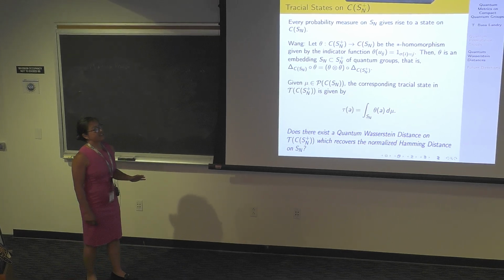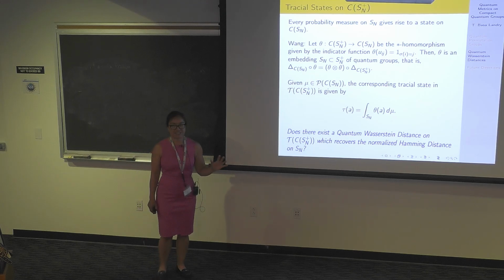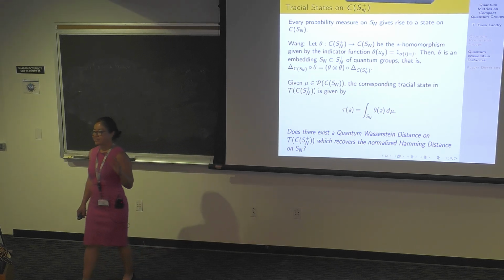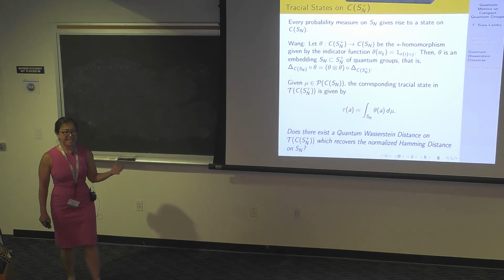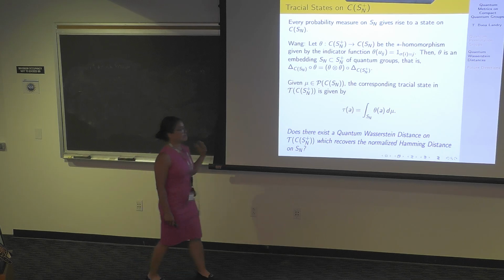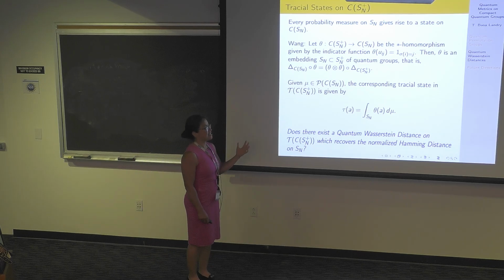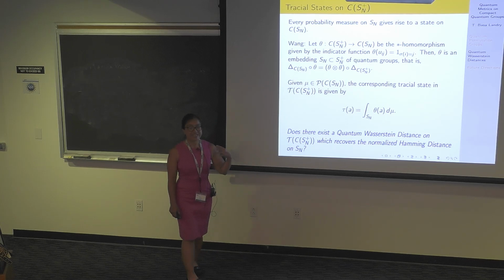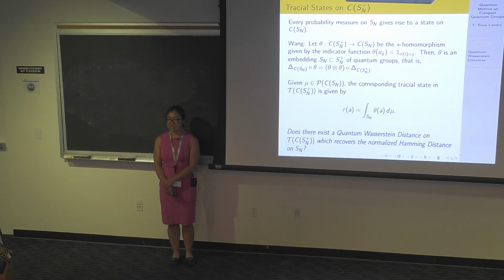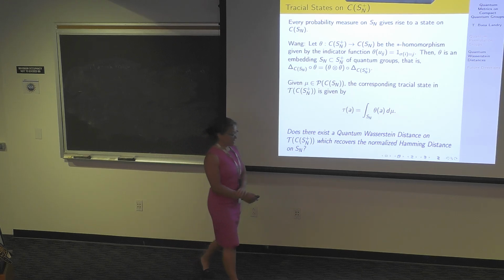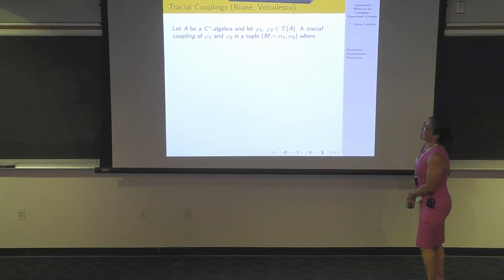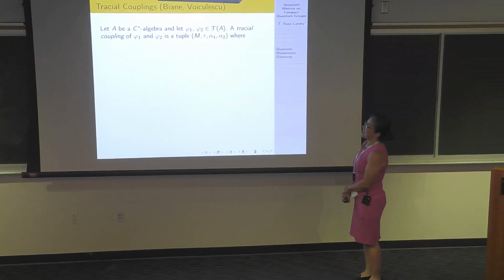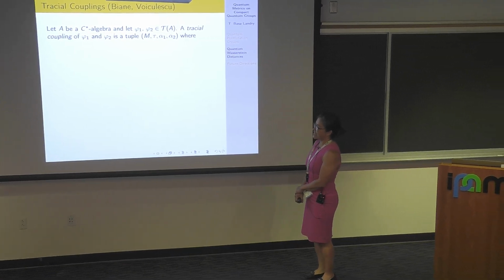Here, the tracial structure allows us to overcome that difficulty, because we define our distances involving projections, and the projections play nicely enough that we're able to get the triangle inequality. Therefore, we took our couplings over tracial couplings.